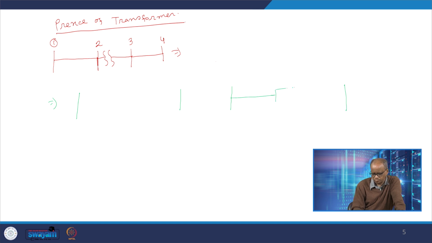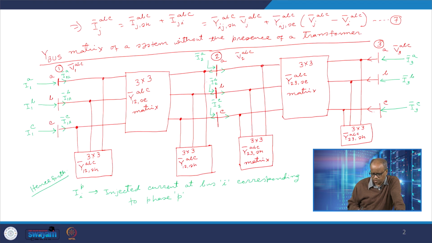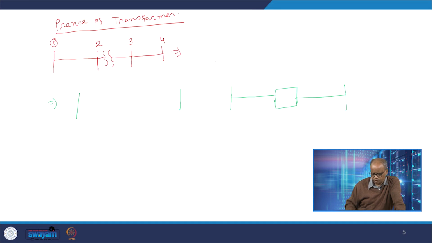Between bus 3 and bus 4 there is a series element, and accordingly we say that this series element is given by Y34 ABC.